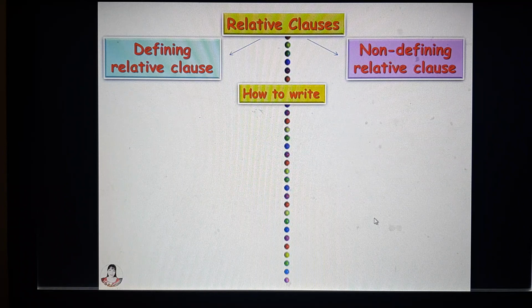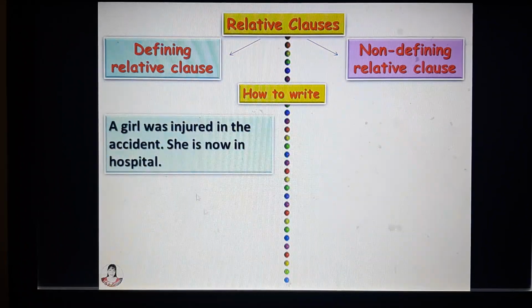Now, how to write a defining relative clause? For example, I have two sentences. A girl was injured in the accident. She is now in hospital. You see, was is past simple, is is present simple.